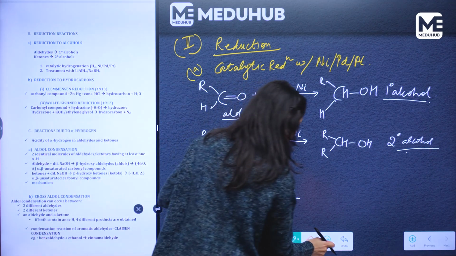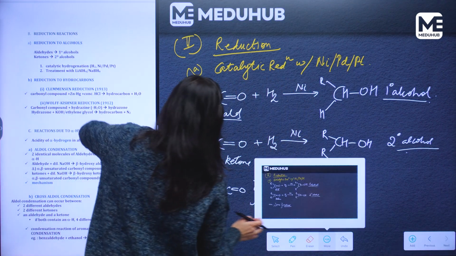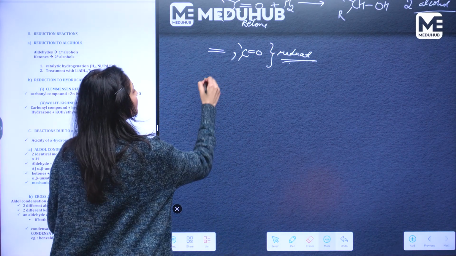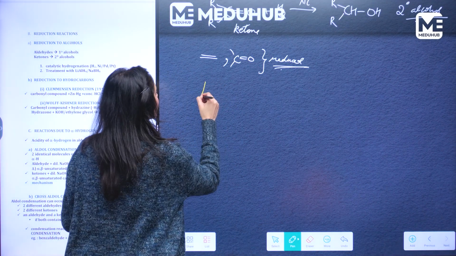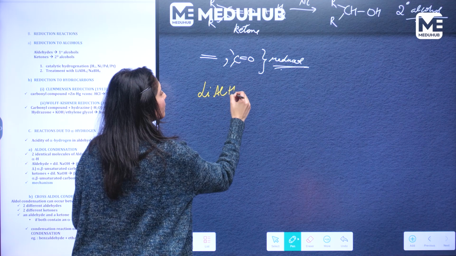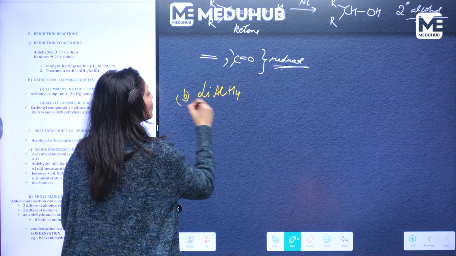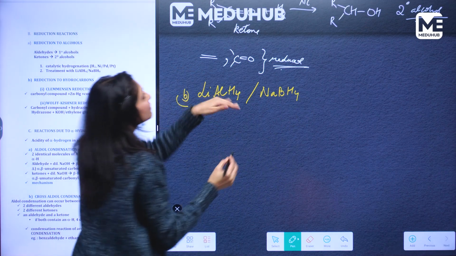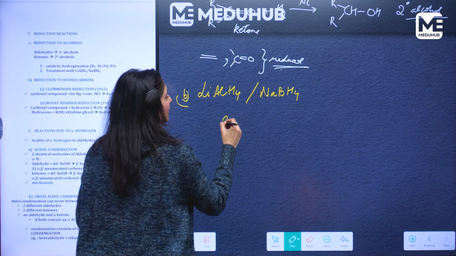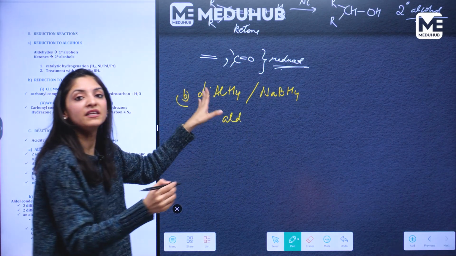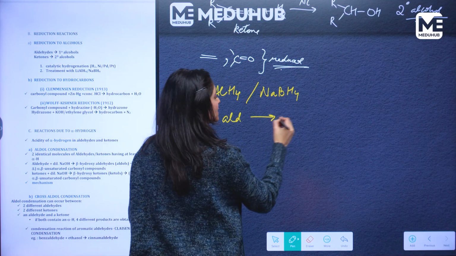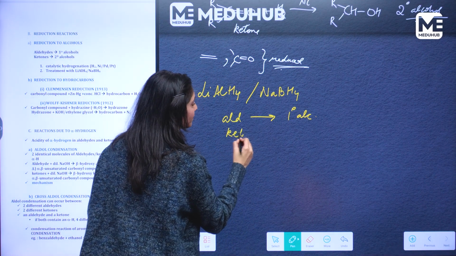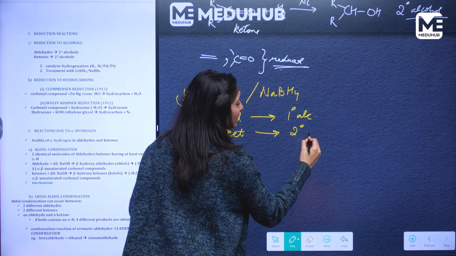Apart from this, another way to reduce is using lithium aluminium hydride or sodium borohydride. So similar to this, an aldehyde when reduced with lithium aluminium hydride gives us a 1 degree alcohol, and a ketone gives us a 2 degree alcohol.